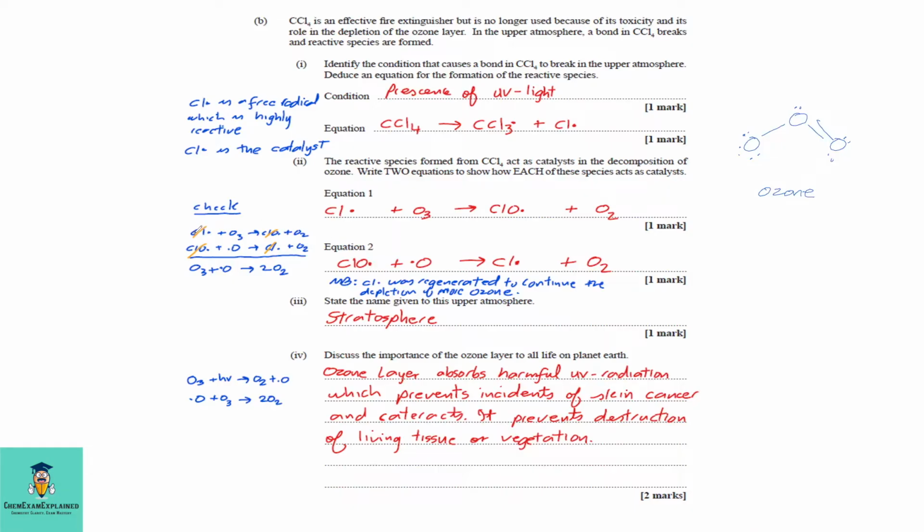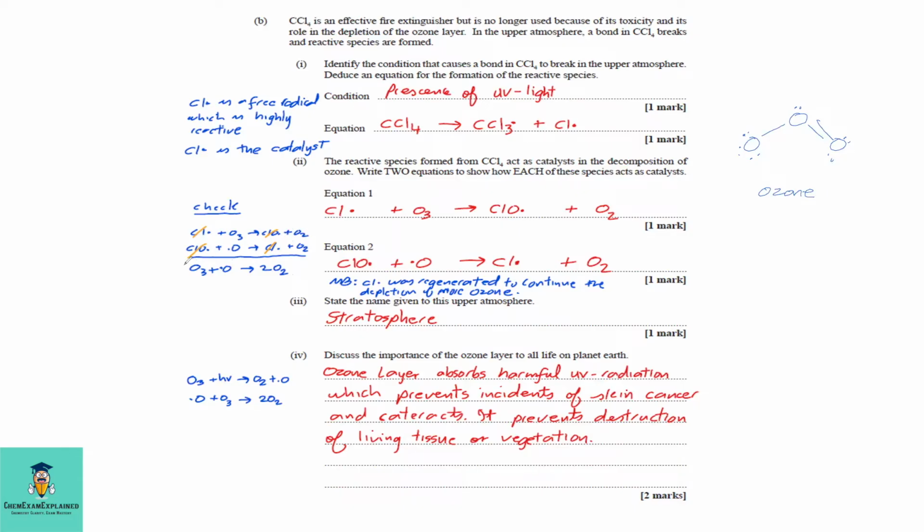Now, remember, we can check to see if these equations are correct. Now, for the destruction of ozone, what must happen is that O3 must be broken up by an oxygen radical to form two oxygen molecules. So you'll see that Cl radical plus ozone forms ClO radical, which is the chlorine monoxide radical, plus oxygen.